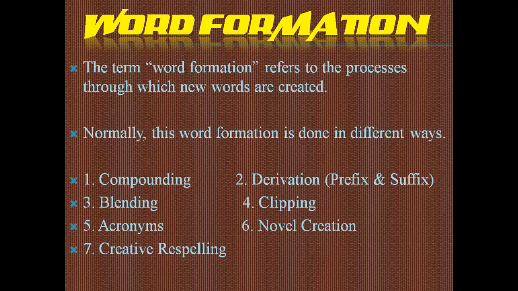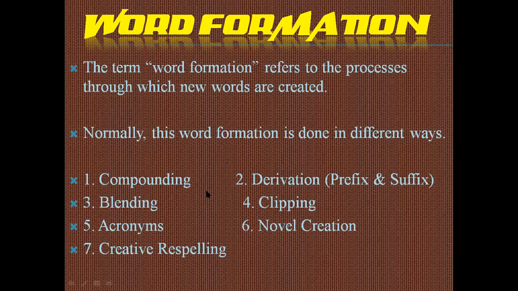When it comes to word formation, we have different types. We cannot rely on one thing to form a word, but we need different things, and with the help of these we can form a word. The first one talks about compounding.